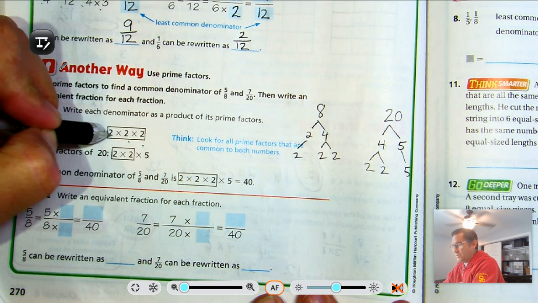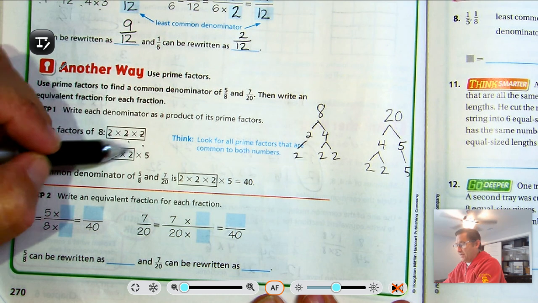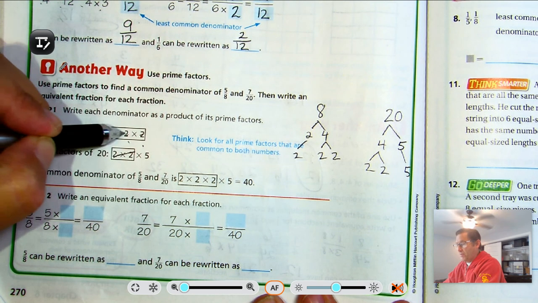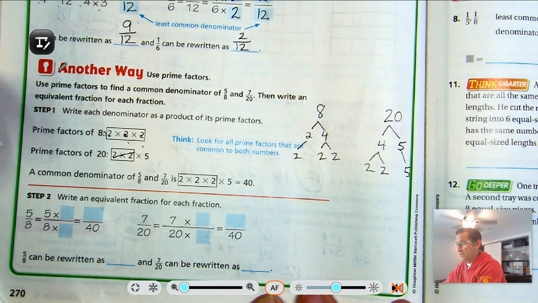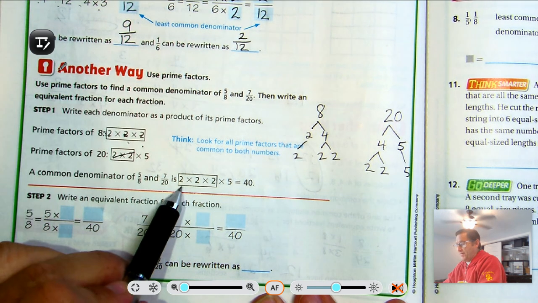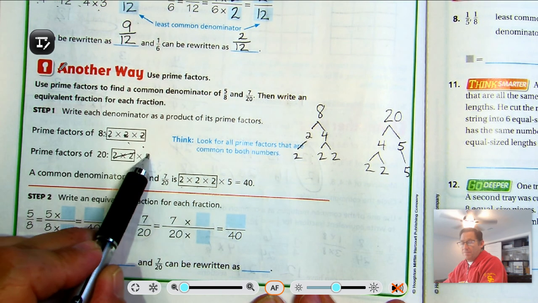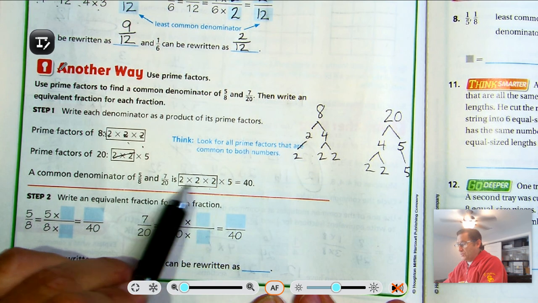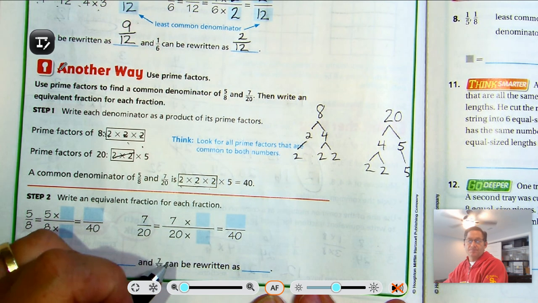Well, we're going to use the 3 2's. We're not going to use 5 2's, okay? Because these 2 2's are already accounted for in the 3 2's from 8. So we're going to write 3 2's, and we're going to multiply that by 5. So 2, 4, 8, 8 times 5 is 40.